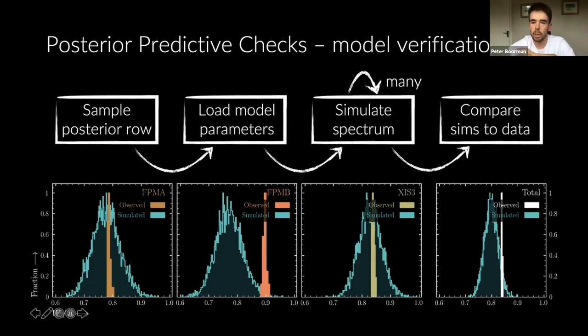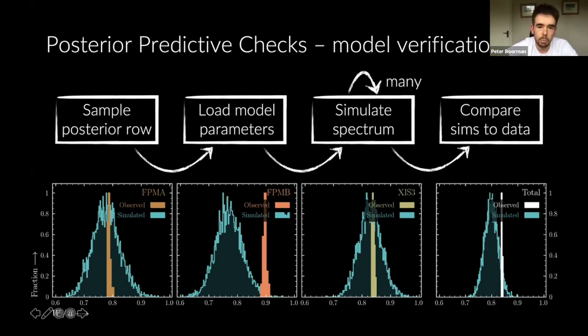And you end up with diagrams like this, right? So for what I was showing earlier, where I had that new star plus Suzaku fit, the blue distribution in the background is the simulated one. And if the model that I'm using is able to explain all the individual nuances in the data and all the individual dips and things in the data, then they should agree very nicely, which they do here, right, for XIS3 and FPMA.